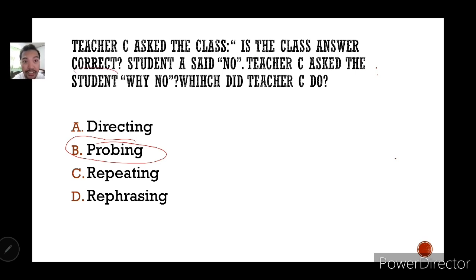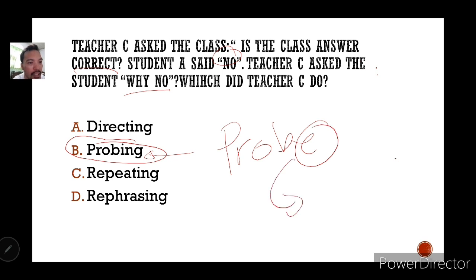Then they have the answer. They said no. But Teacher C would like to know why they answered no. So it's basically asking the students to explain why they answered no. And explanation, elaboration, is linked to the word probing because the root word of probing is probe. E here is elaborate.